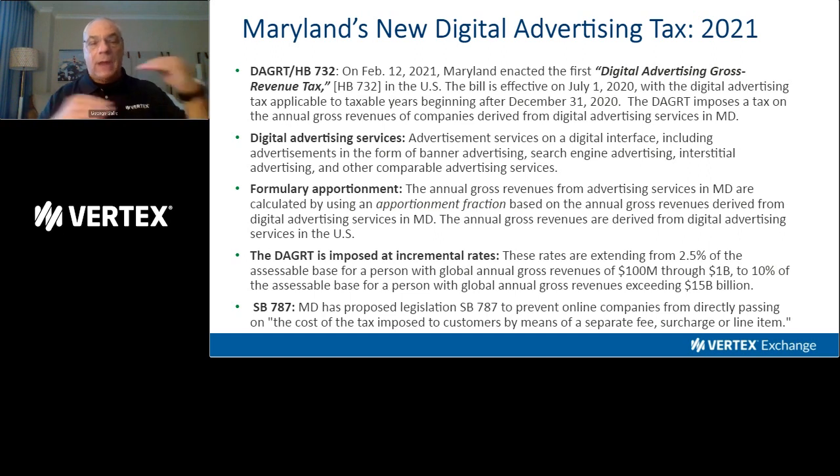And one of the problems that is taking them to the challenge that we will discuss in a few minutes is that formulary apportionment. It is not explicit enough for us or anyone else to look at how they are literally treating this in outbound distribution in the apportionment fraction.